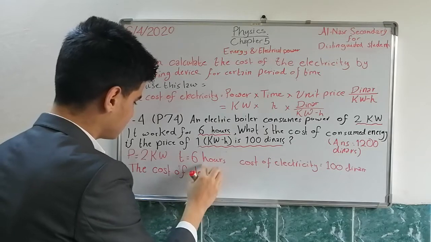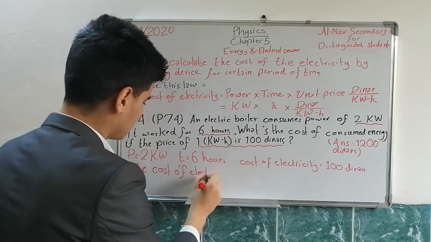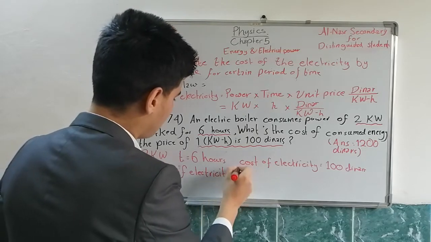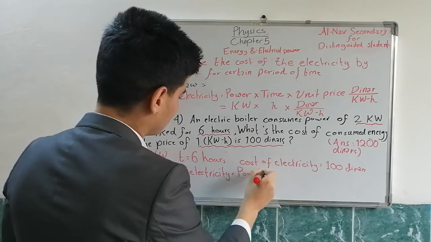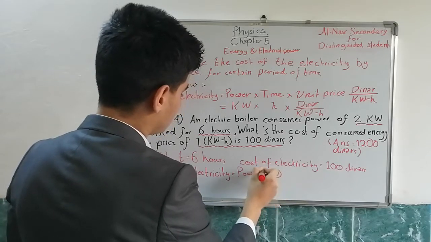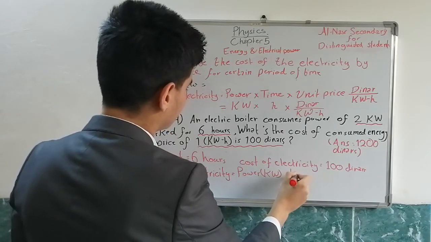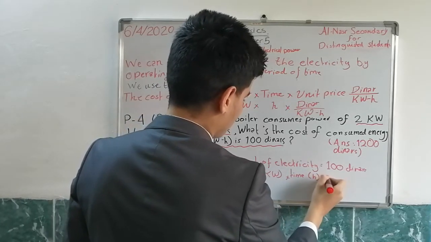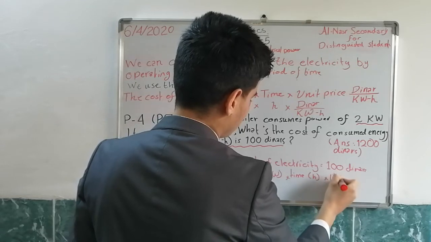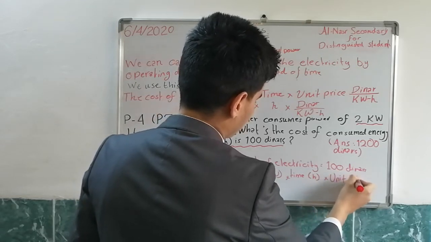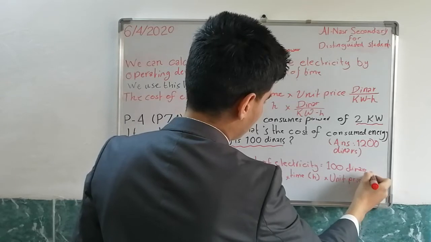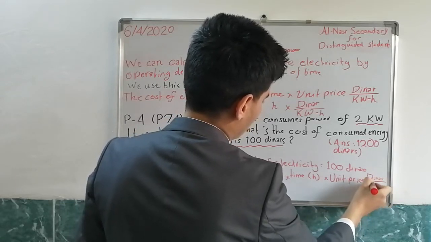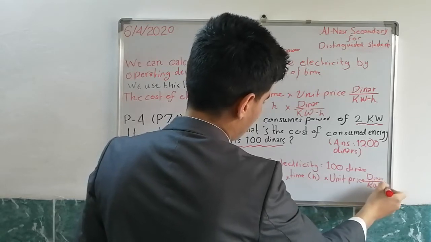Cost of electricity equals power in kilowatt, time in hours, multiplied by unit price. Unit price is dinar per kilowatt per hour.